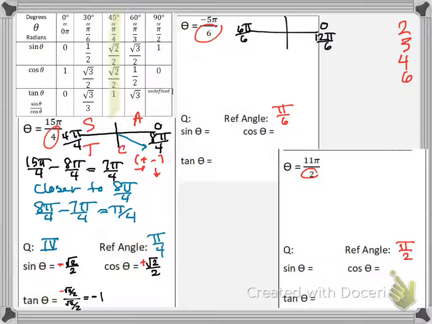So it's negative, and I don't want it to be negative. I want it to be something normal. So I'm going to say negative 5 pi over 6 plus a full circle puts me at 7 pi over 6.